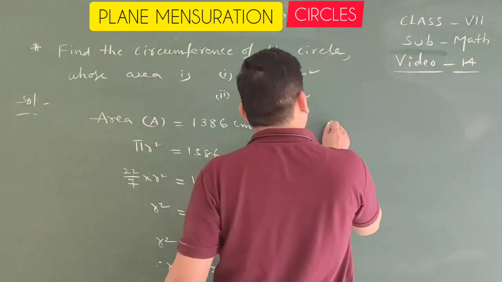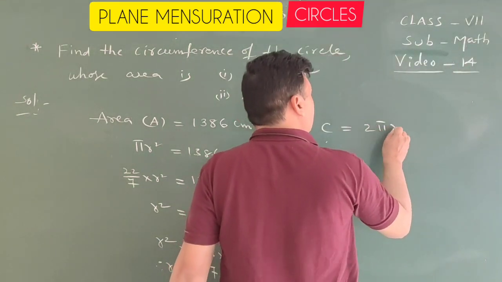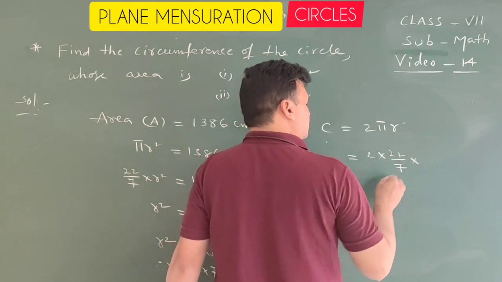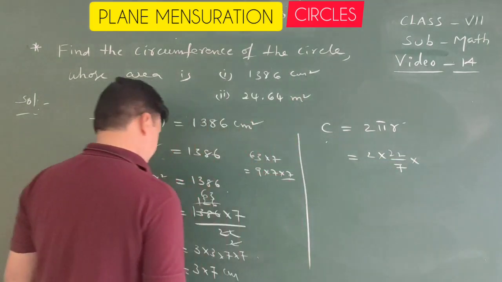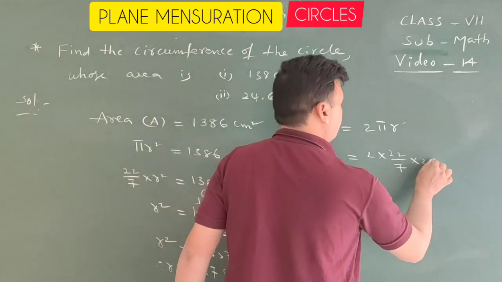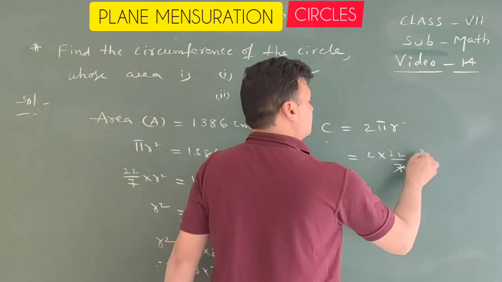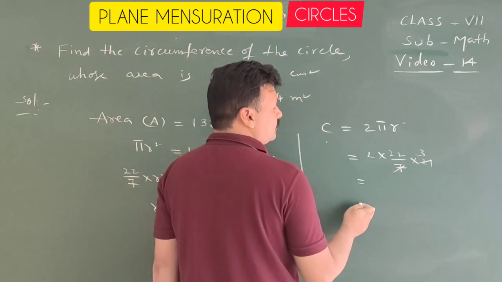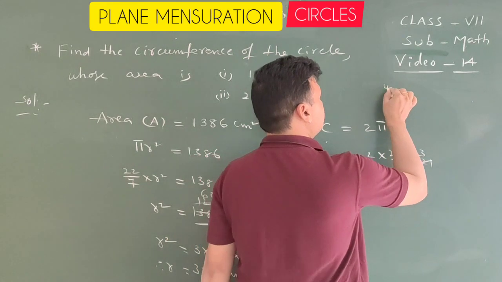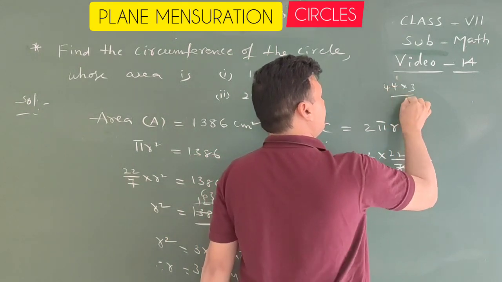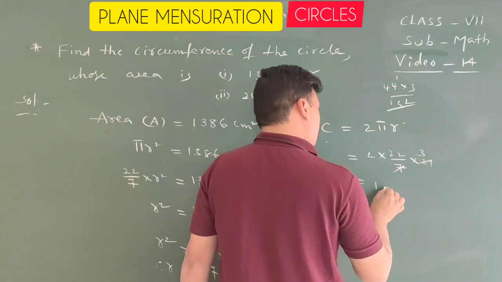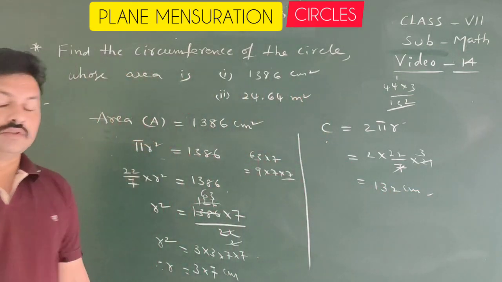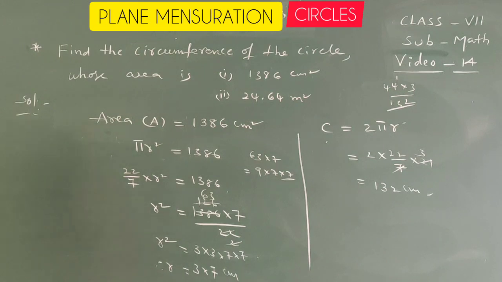Now, circumference C equal to 2 pi R. 2 into 22 by 7 into R means 21. 3 times. Here 2 22s are 44 into 3. 132 centimeters.